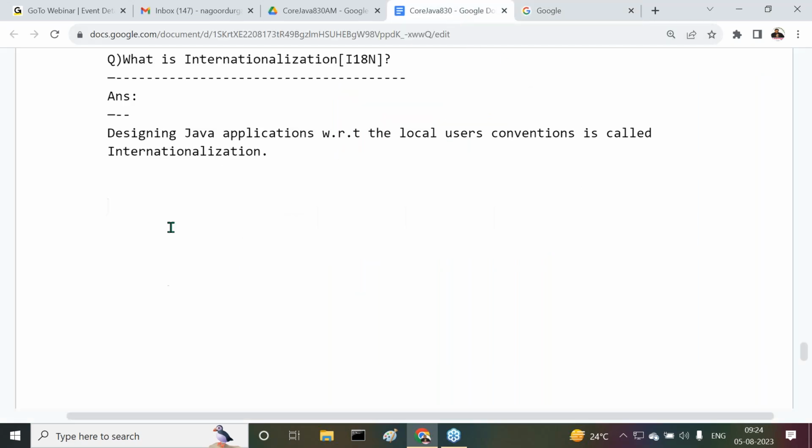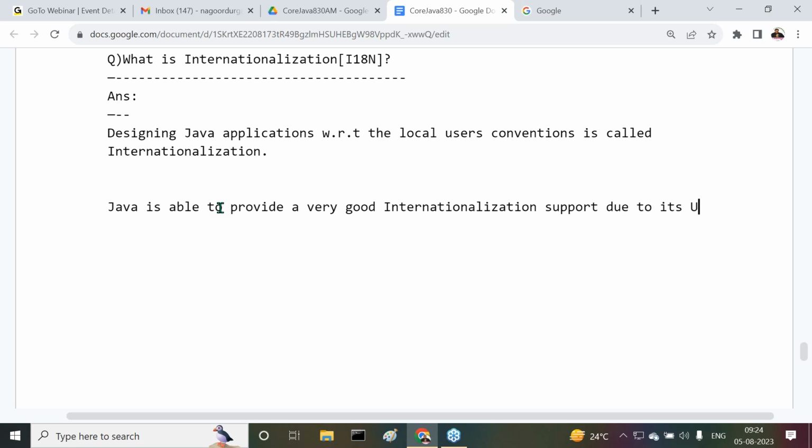So finally, the point is, designing Java applications with respect to the local users' conventions is called internationalization. Answer my point here. Java is able to provide very good internationalization support due to its Unicode representations only.